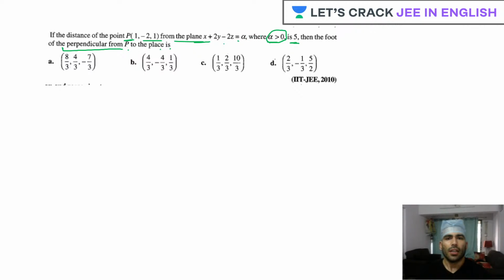Now, this is the given information, and this is what we have to find out: the point for the foot.